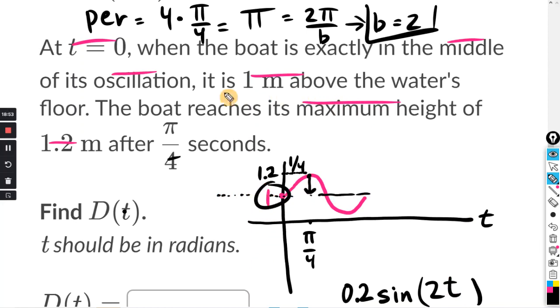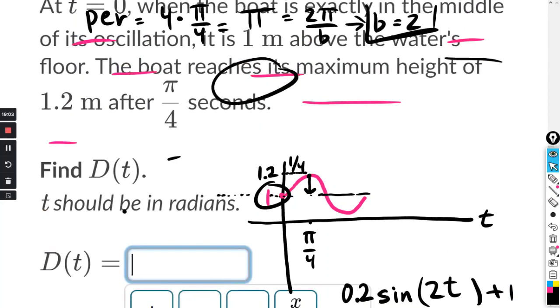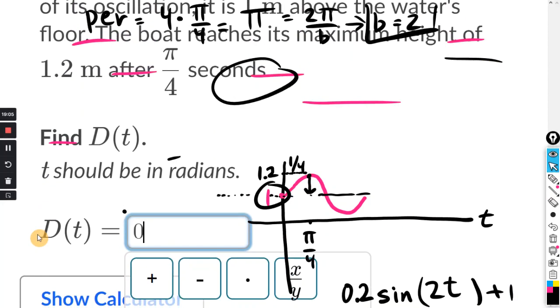Okay, and it says it right in the problem. The middle is 1. So on the end of this equation, you just have a plus 1. All right, so 0.2 sine, parentheses, 2t, outside parentheses, plus 1.